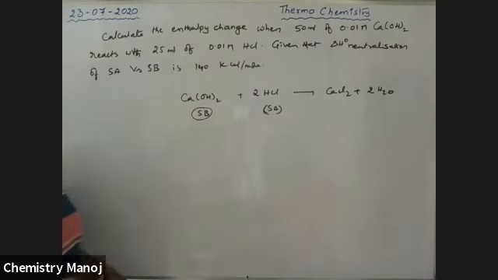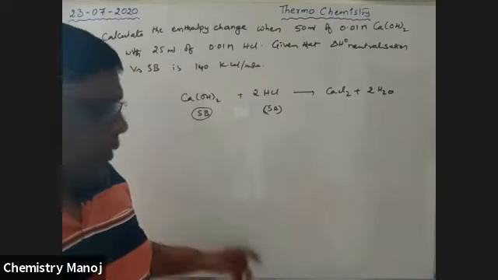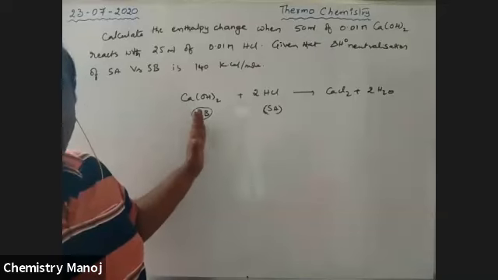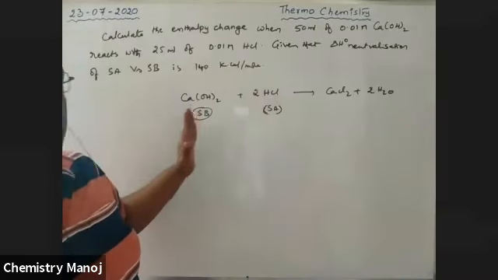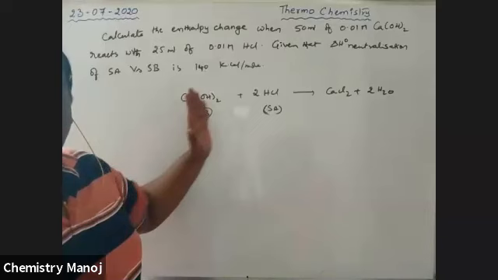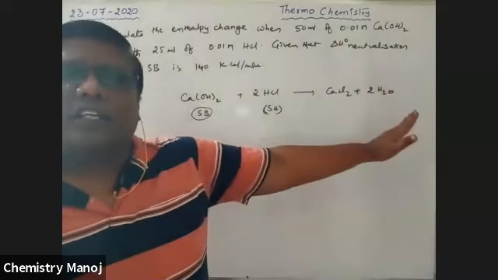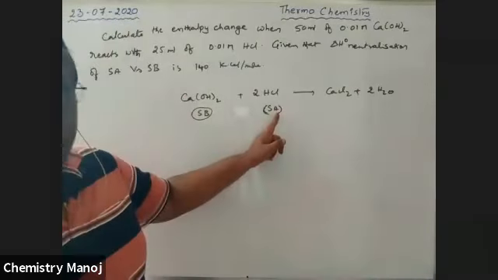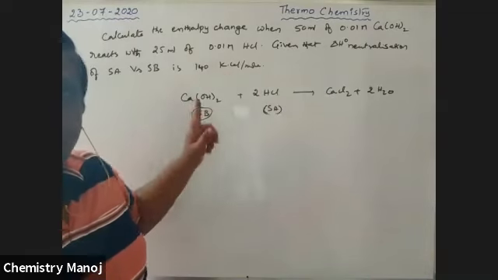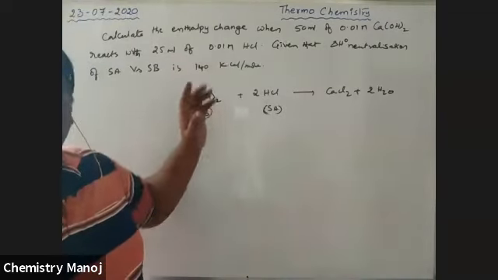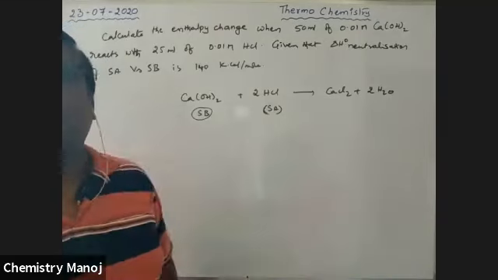So what is heat of neutralization? When 1 gram equivalent of acid reacts with 1 gram equivalent of base, the amount of energy released is called the heat of neutralization.